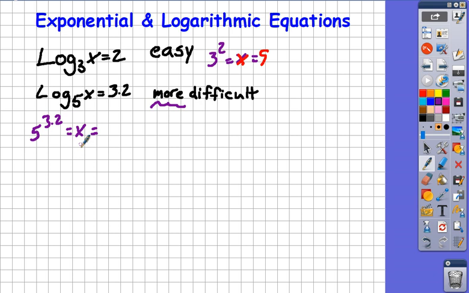So 5 to the 3.2 power, and we get 172.4662077, or we'll say x is approximately 172.47.